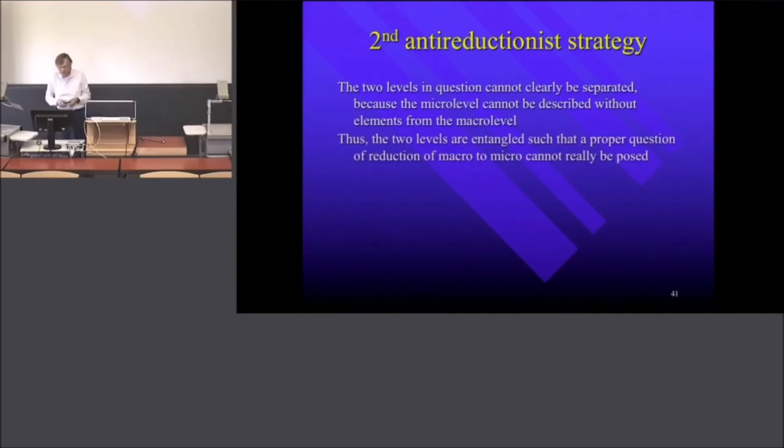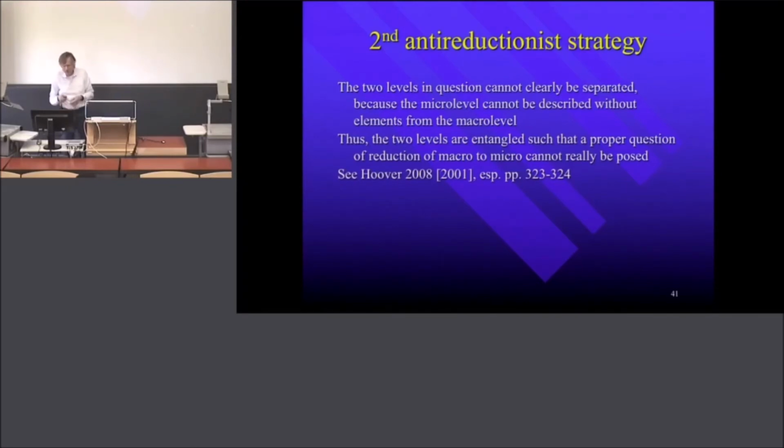In this case, the two levels are entangled such that a proper question of reduction of macro to micro cannot really be posed. So to speak, you remove the foundation of the whole debate and say, look, it's an enterprise that doesn't make sense, because there are no levels really, they are entangled in such a way that you cannot ask this question.